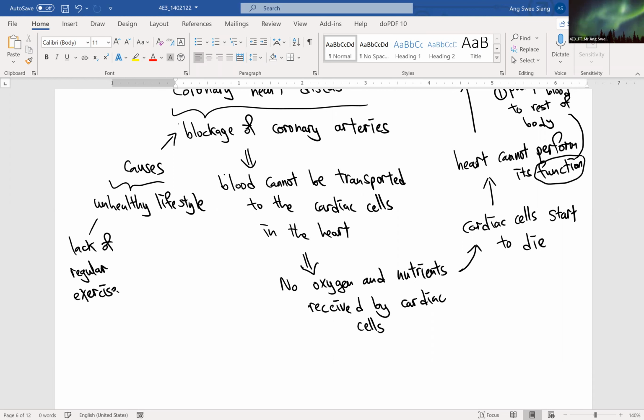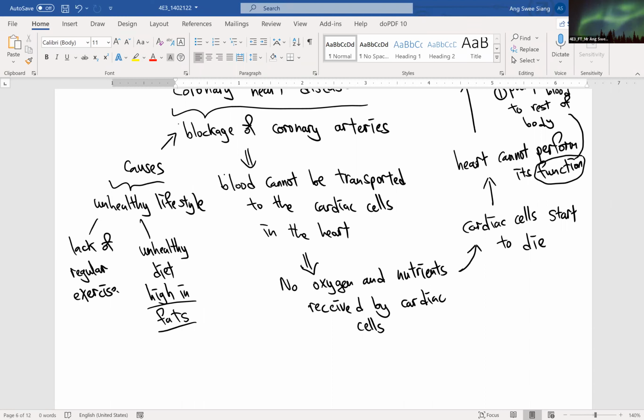Then unhealthy eating, then you must give me an example. Unhealthy diet high in fats. This is important. If you just say unhealthy diet, I'll put an arrow here, I say example.